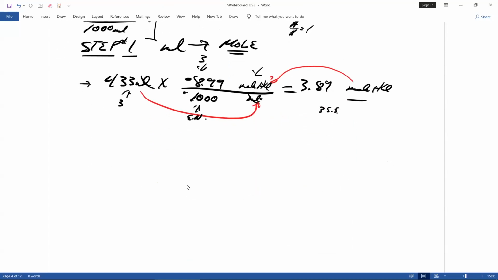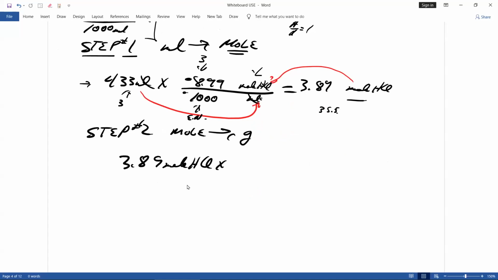Step 2. And what do we have? We now have 3.89 moles of HCl. What are we trying to get to? You put here and just put the units in for that ratio. Use your good buddy, your good friend, unit analysis. This is something you should have learned for test number 2.